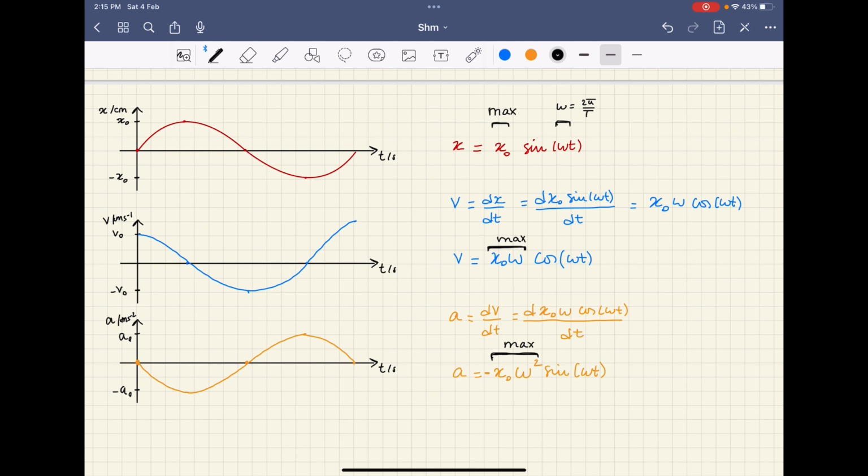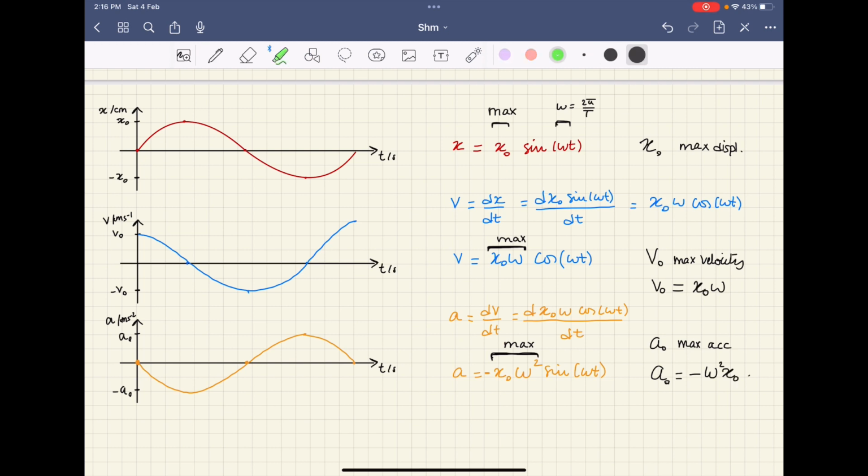Okay, now once again, this is the quantity that multiplies my sine wave. So that represents the maximum quantity of a. And so we have that x0 is the maximum displacement of the pendulum, v0 the maximum velocity, v0 has an expression equal to x0 omega, a0 is the maximum acceleration, a0 has the expression of minus omega squared x0.